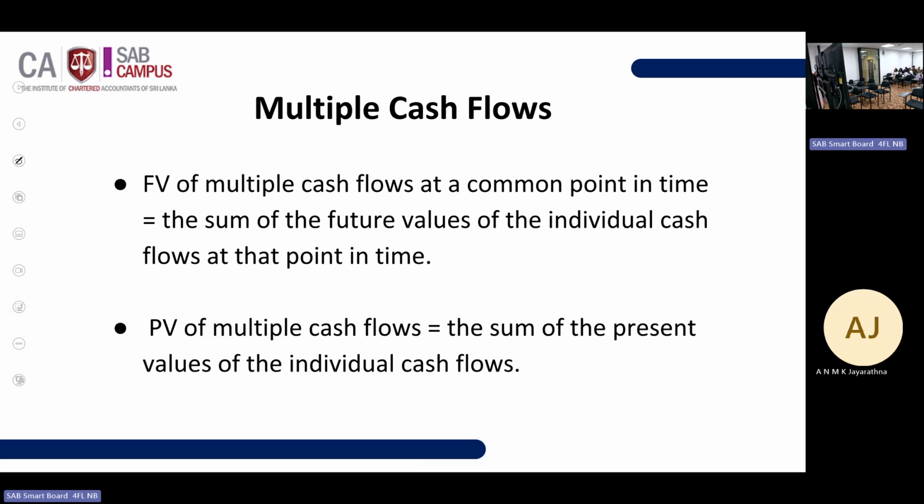We did that one. Accordingly, you can identify by changing M. You can calculate future value and then you can calculate present value. Okay, students, now we can go to the multiple cash flows.